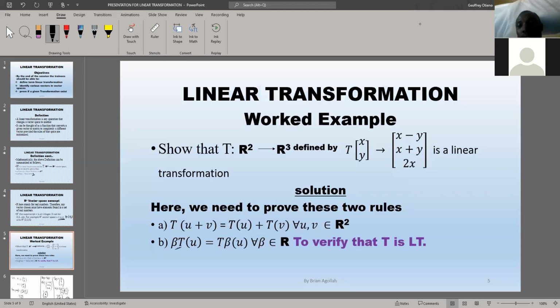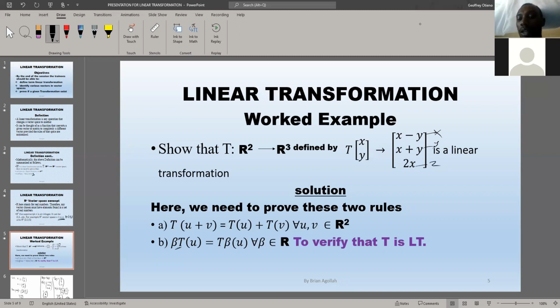So let us take this example and see how to prove whether a linear transformation exists or not. Show that T transforms a vector space in R2 to R3, defined as follows: you give it a vector (x, y) in R2, and it transforms it by taking x minus y as the first element, then x plus y as the second element, then 2x as the third element.